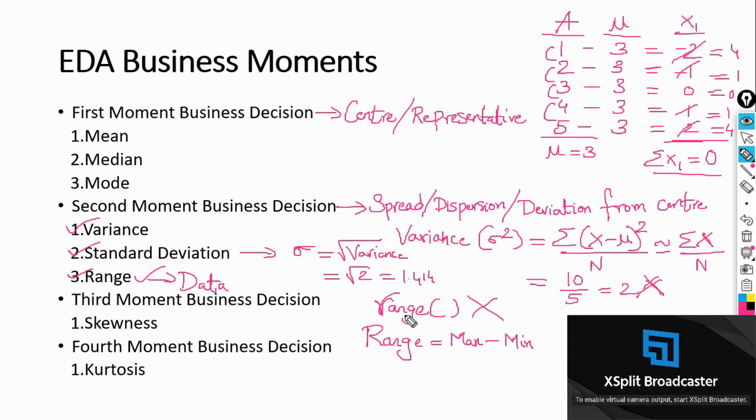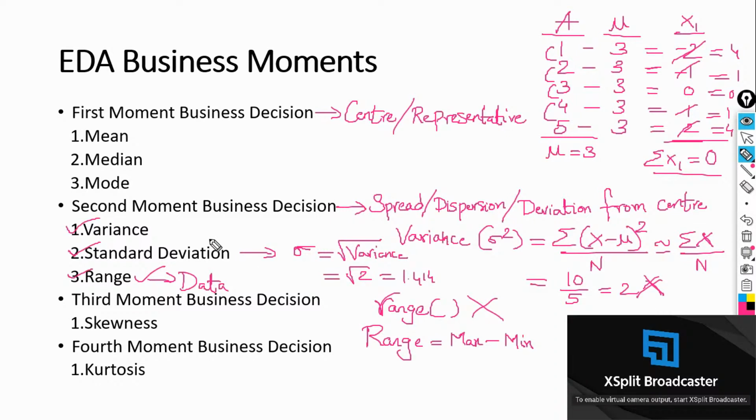No, they are not same, they are different. The range measure is actually giving you the range of your data set on which you will be working, which is calculated using maximum value of your data minus minimum value of your data. This will result as the range.